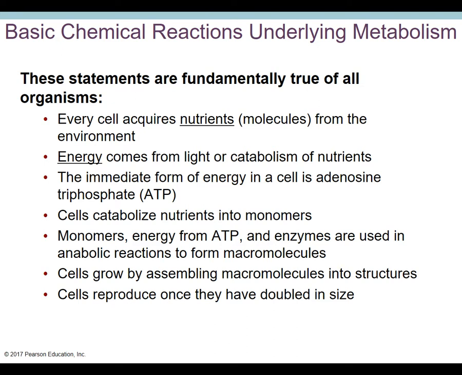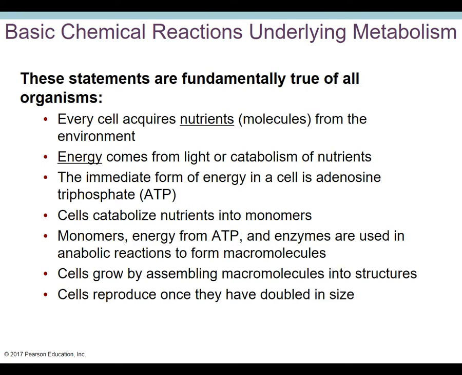Energy ultimately comes from either sunlight, or sunlight is converted into glucose by photosynthesis, and then catabolism of glucose provides energy. But ultimately, either directly from sunlight, or from the catabolism of biomolecules that contain the energy of sunlight.